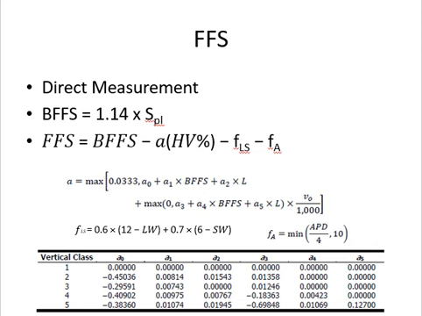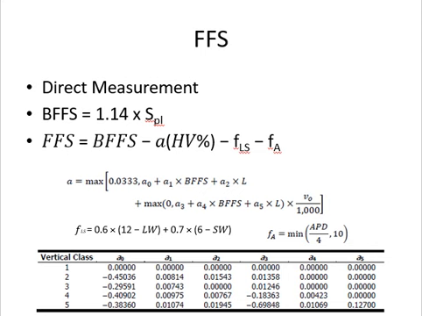Now you can see in the second equation I have some factors here. Factor A, which comes from this equation. Percentage of heavy vehicles, percentage itself. If it is 2%, 2%, 3%, 3%, whatever it is. Factor for lane and shoulder width. It comes from here.